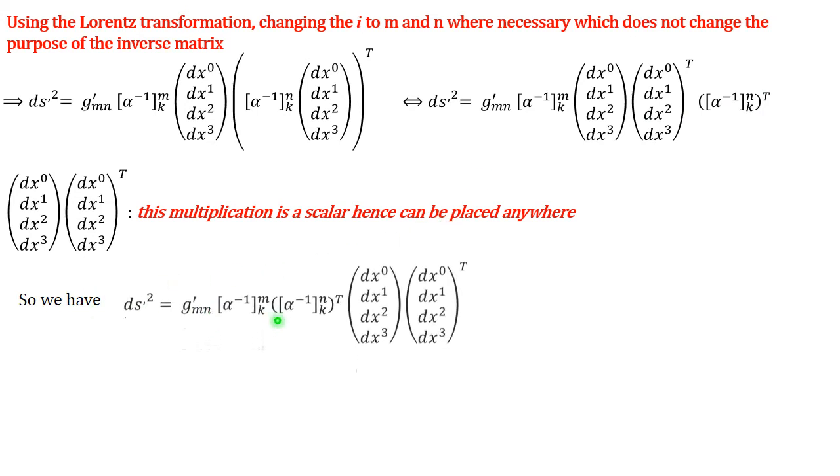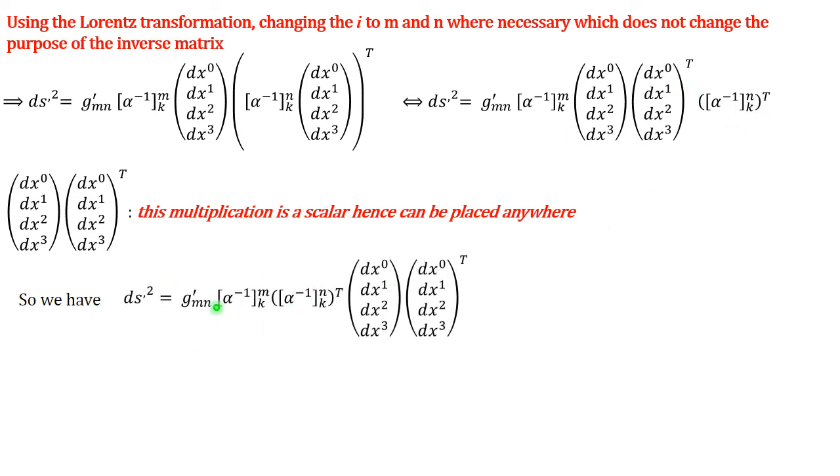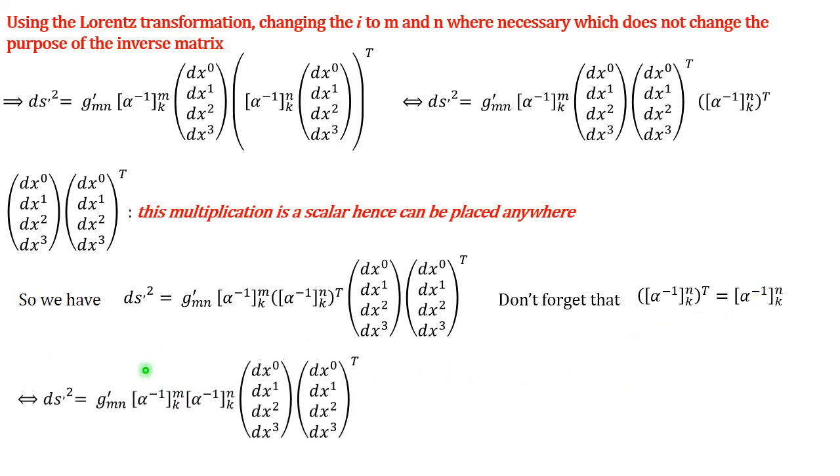So placing it right at the end, we have g prime mn, alpha inverse mk, alpha inverse nk transpose, and this. Now let's not forget that alpha inverse nk transpose is equal to alpha inverse nk, because the transpose of the inverse matrix is the matrix itself. It is a symmetric matrix, so its transpose is equal to itself.